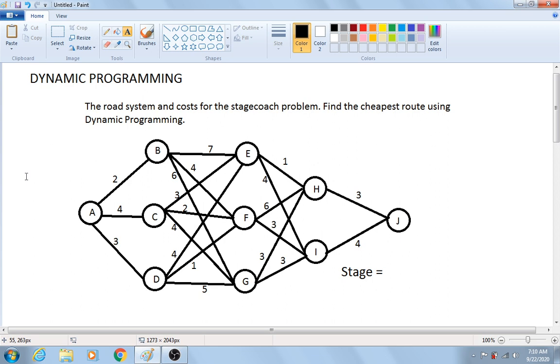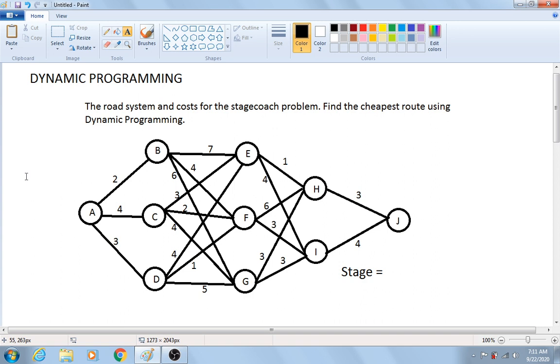We know that time is continuous, but most of the time in dynamic programming we divide the problem into stages, and a stage is something discrete. So we will have stage 1 for the problem, stage 2, stage 3, and so on till the last stage of the problem.